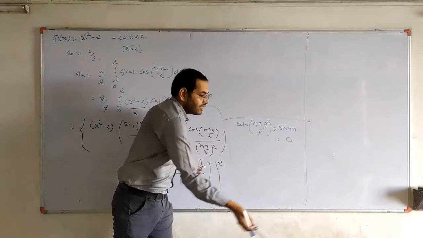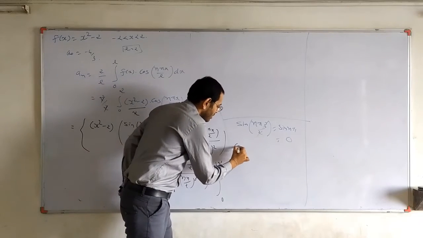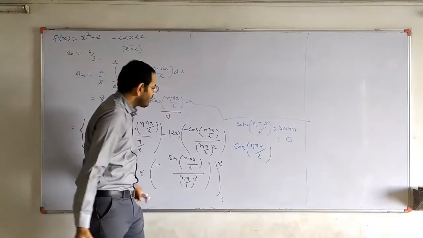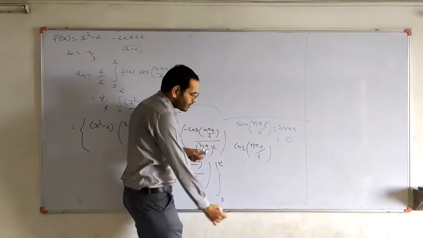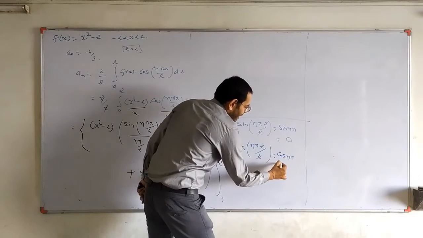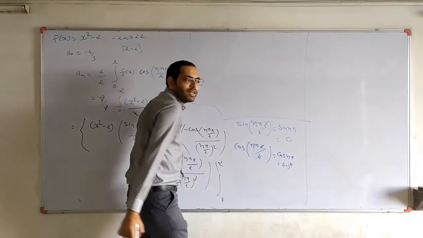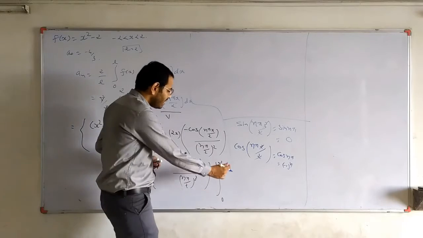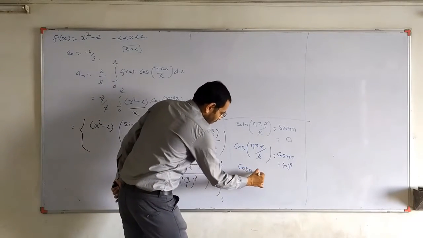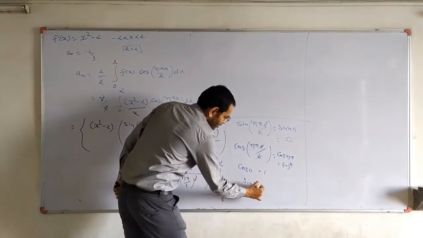Similarly, for cos(nπx/2), replacing x with 2, the 2s cancel out and we get cos(nπ), whose value is (−1)ⁿ. Similarly, replacing x with 0, cos 0 is 1 and sin 0 is 0.